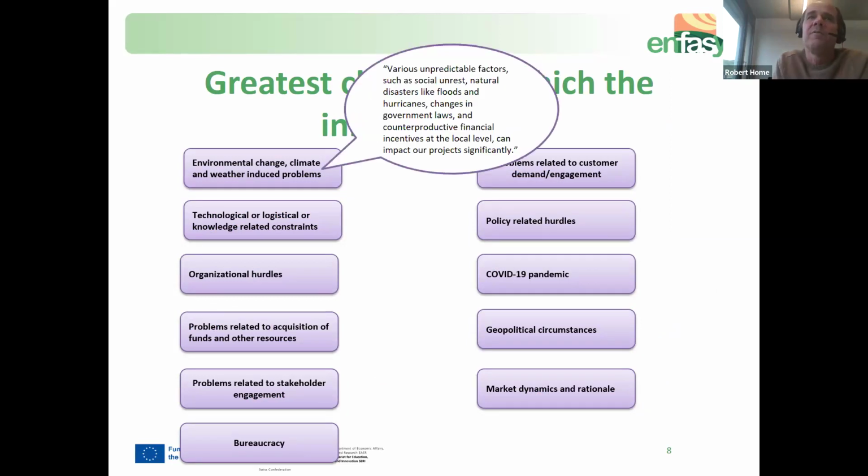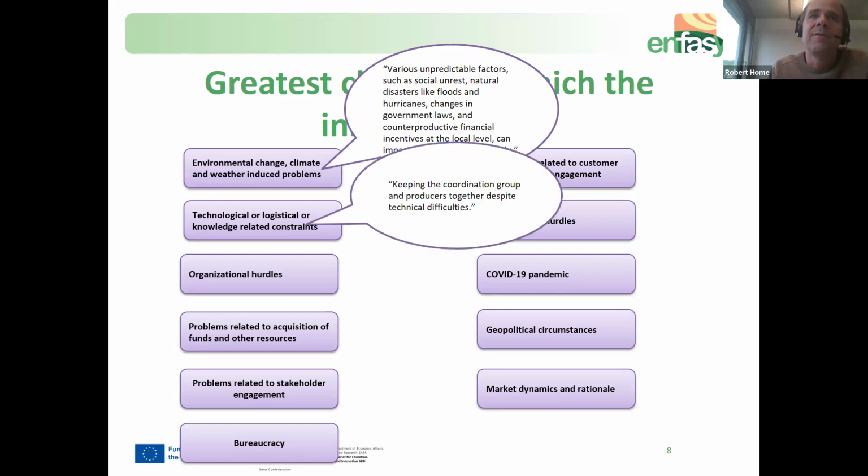An example of environmental change, a quote which came from the results itself, was that various unpredictable factors such as social unrest, natural disasters, and so on, can impact their projects significantly. You can see why we categorised that the way we did.